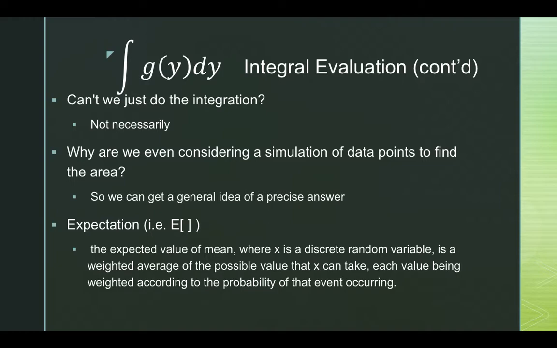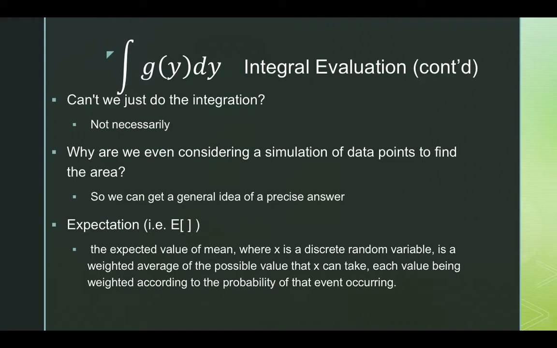What Monte Carlo accomplishes, by simulating data points and finding the area, is really just finding a general idea. We can't exactly pinpoint it. We'll be using different methods to find the estimate, as well as the standard deviations, so that we can see how much it varies between our different sample runs.